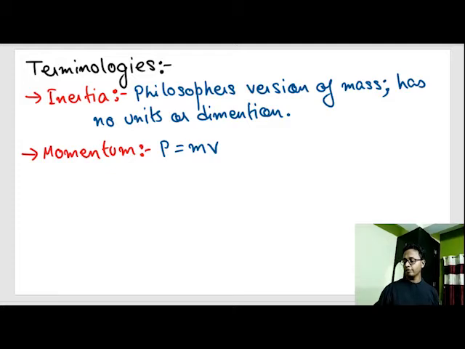Now, velocity is a vector quantity and mass is a scalar quantity. Whenever a scalar quantity is multiplied by a vector quantity, we obtain a vector quantity. So we know that momentum is a vector quantity. This is the definition of momentum.